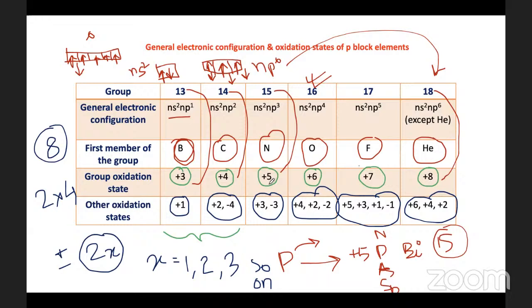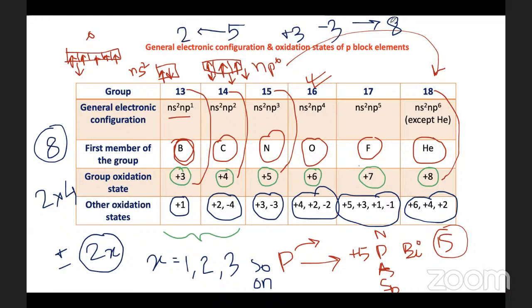So if we start from the fact that it is only 2x plus or 2x minus, from +5 we can go to +3, and we can go to -3. From +5 to -3, we have to jump by 8, and from 5 to 3, we have to jump by 2.